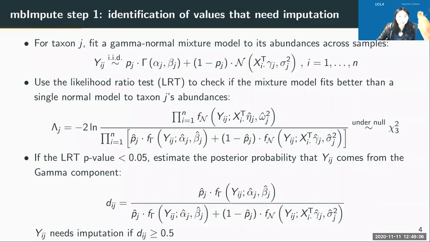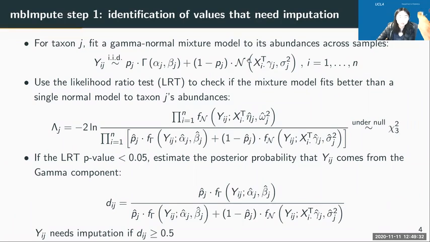Okay, this is the first step of mbImpute. That is, we want to identify which taxon abundance values are likely to need imputation. So specifically for taxon j, we fit this gamma normal mixture model to its abundances across the n samples. So this is a gamma component, this is a normal component.